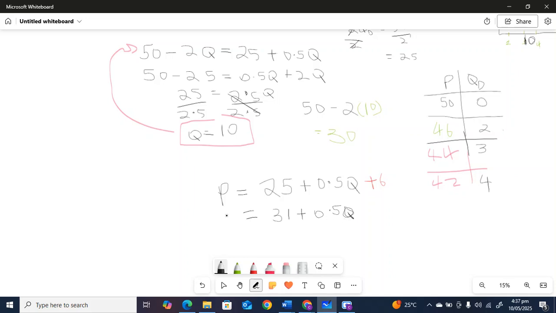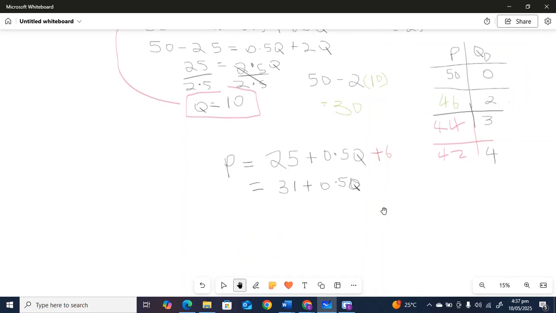So this is our new supply function. Because this tax has been imposed, we expect the price of the good, the equilibrium price, to rise.